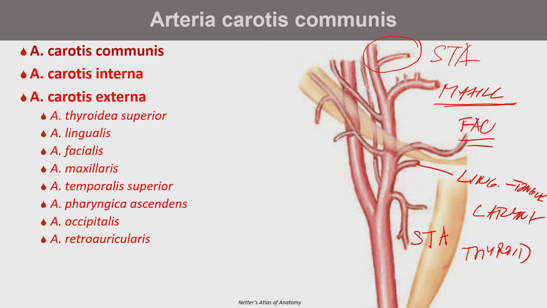From dorsal, here you can see the artery which is the ascending pharyngeal artery, or PH. Then here occipital, and the last one the retroauricular artery. So you also have to draw the schema. It's not too complicated.